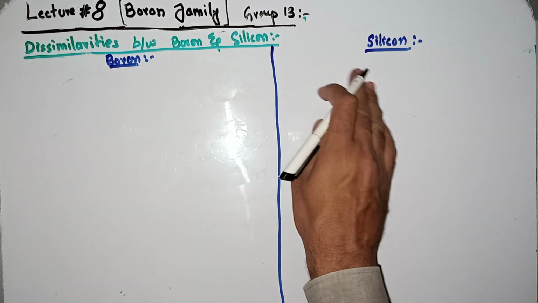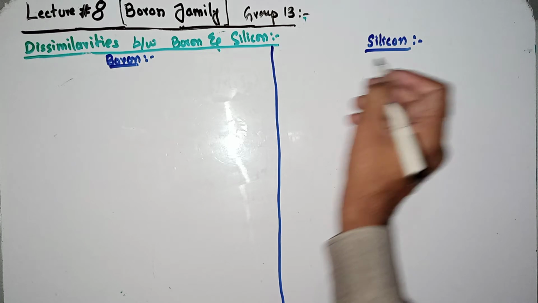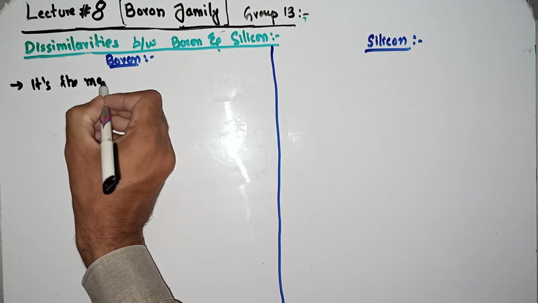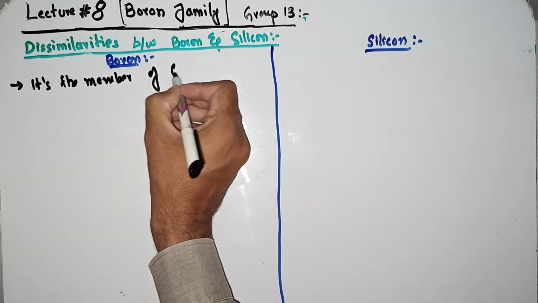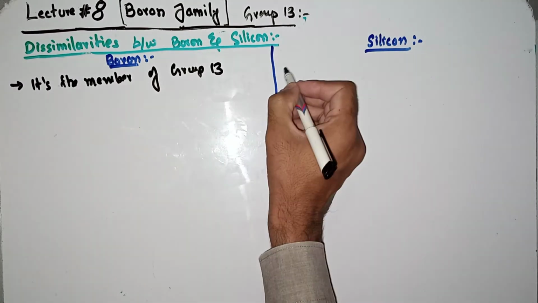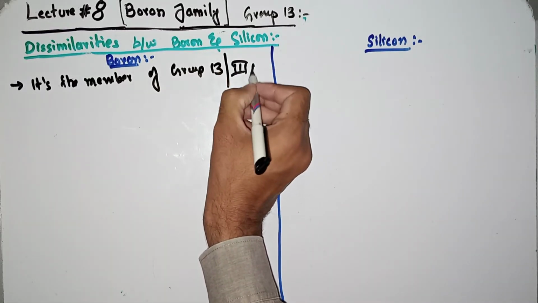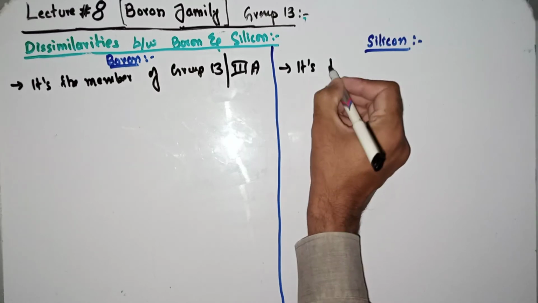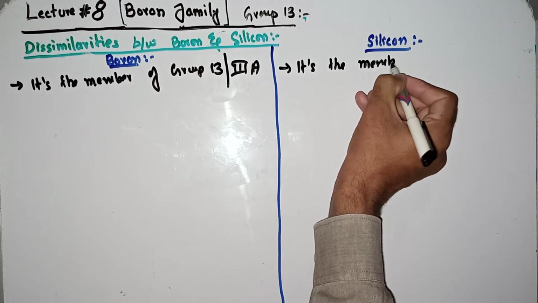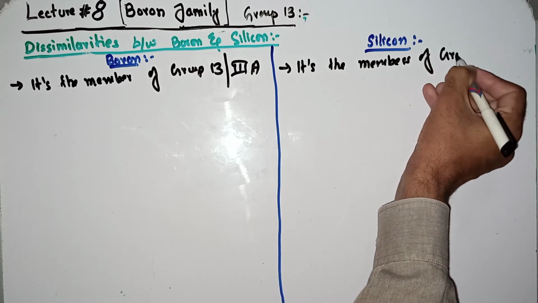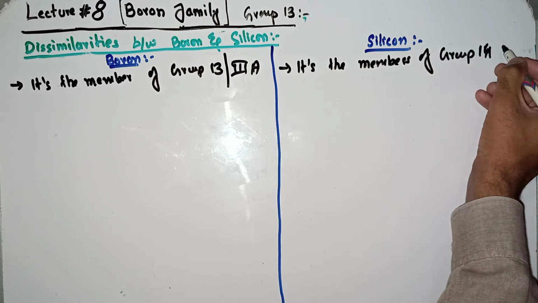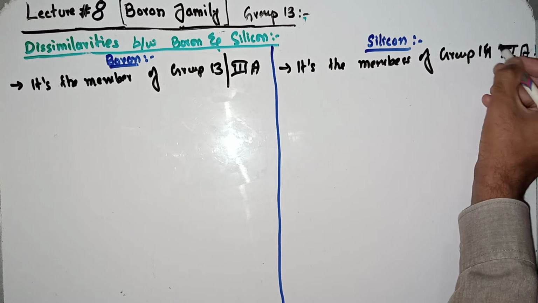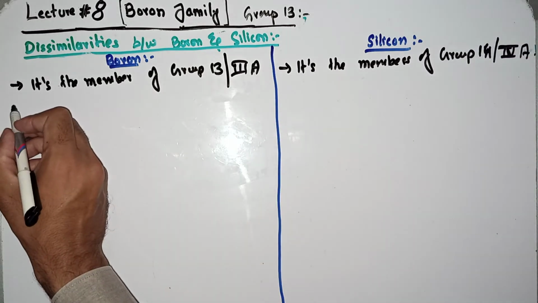Boron is a member of group 13, or you can say third A group, while silicon is a member of group 14, or you can say fourth A. This is the first difference between boron and silicon.